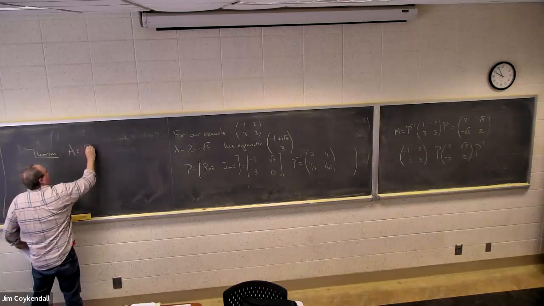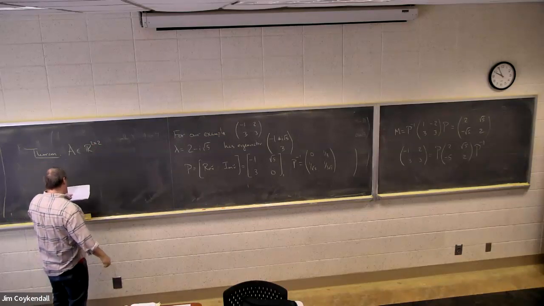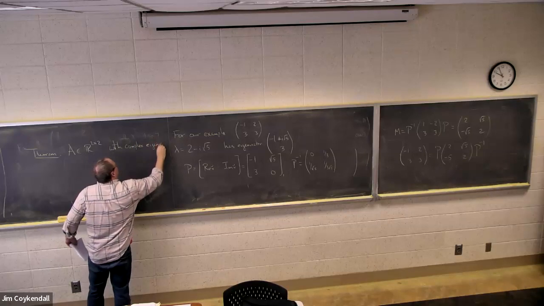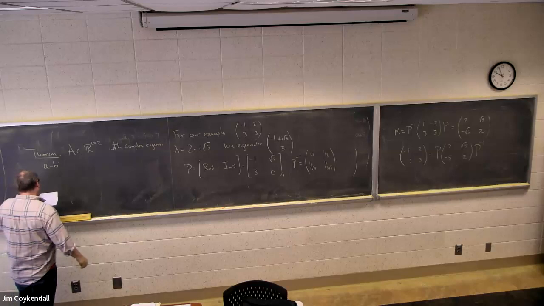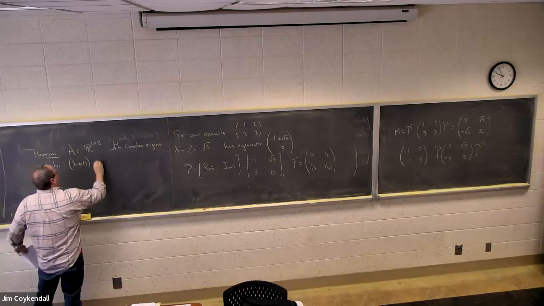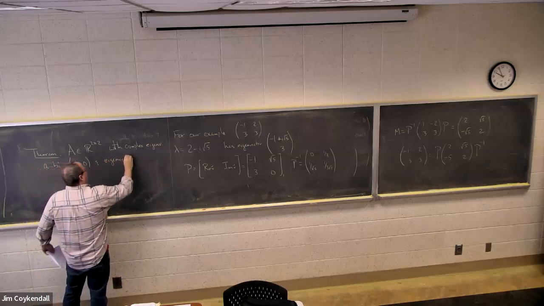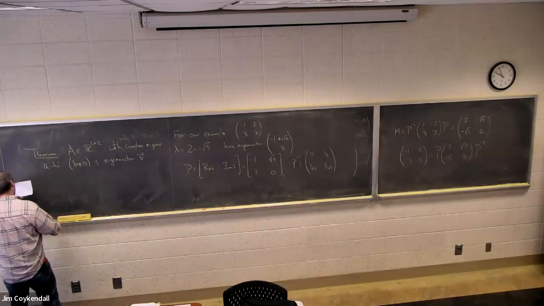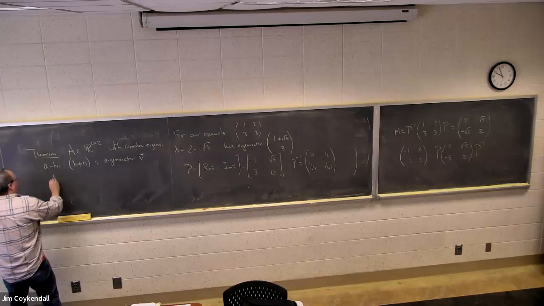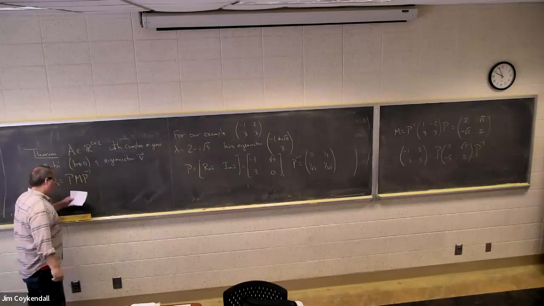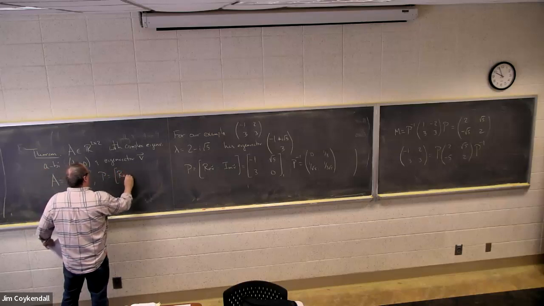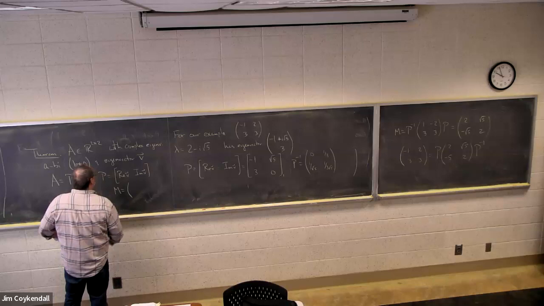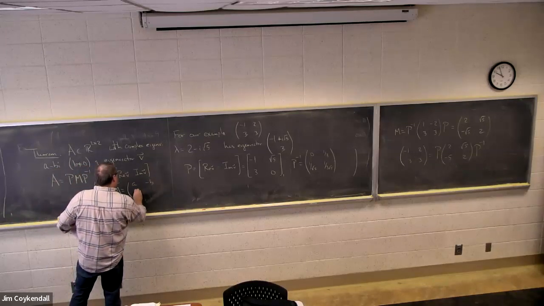Let A be a 2x2 matrix with complex eigenvalue A minus Bi, with B not 0, and eigenvector V. Then A can be written in the form P M P inverse, with P equal to the real part of V and the imaginary part of V, so you get the columns from here, and M equal to A, minus B, B, A.